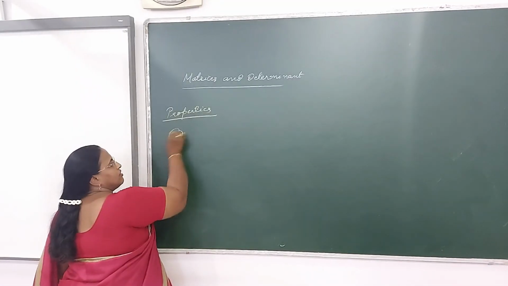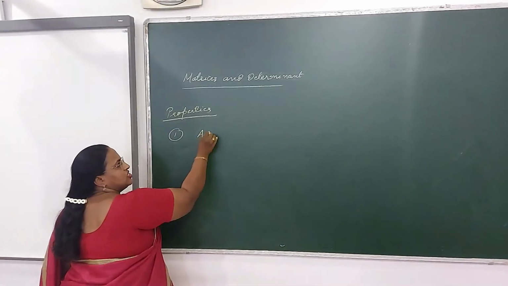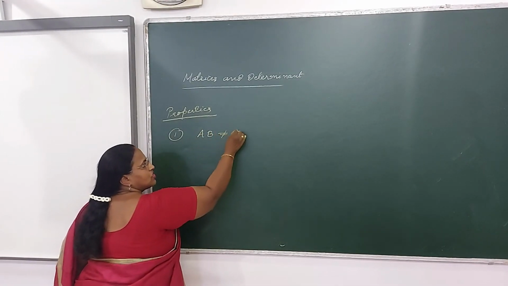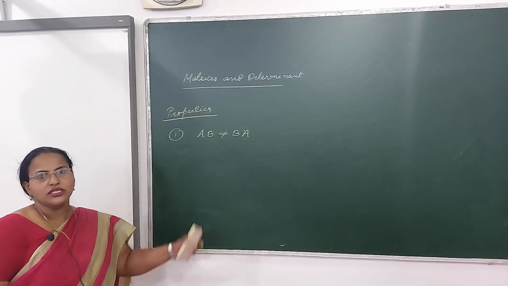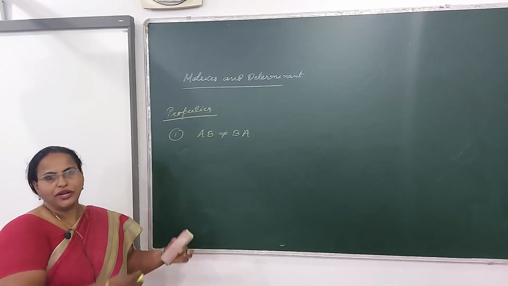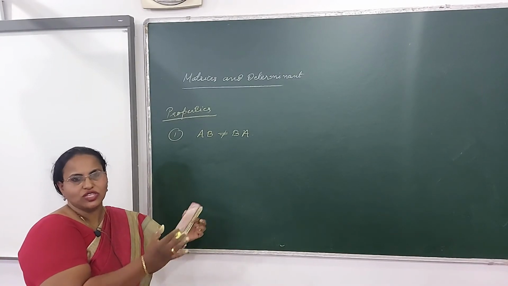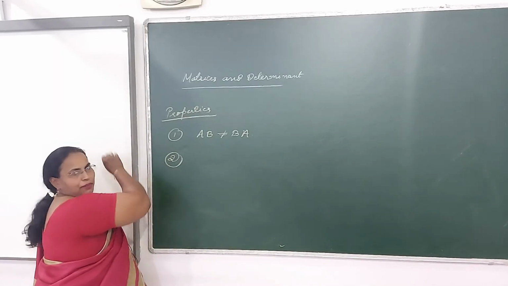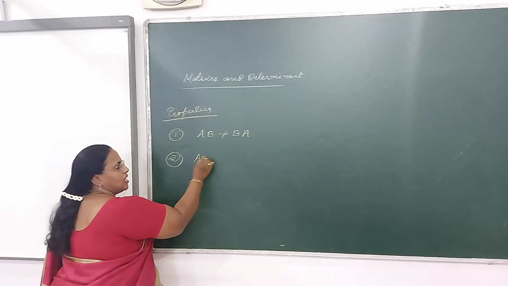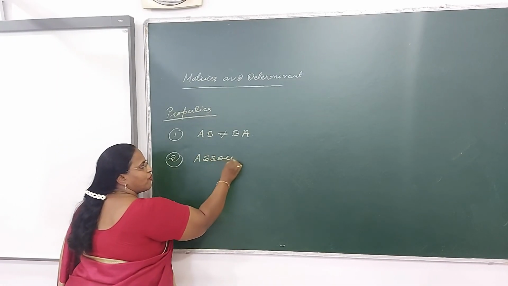This is the first one. Already you have seen the example also and it was very clear, I suppose. The second property, associative property.